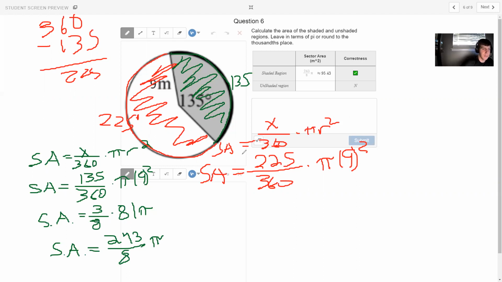Right, so this was 3/8, this should be 5/8, right? So 45 goes into 225 5 times, and it goes into 360 8 times. Sector area here, that's going to be 5/8 times 81 pi.